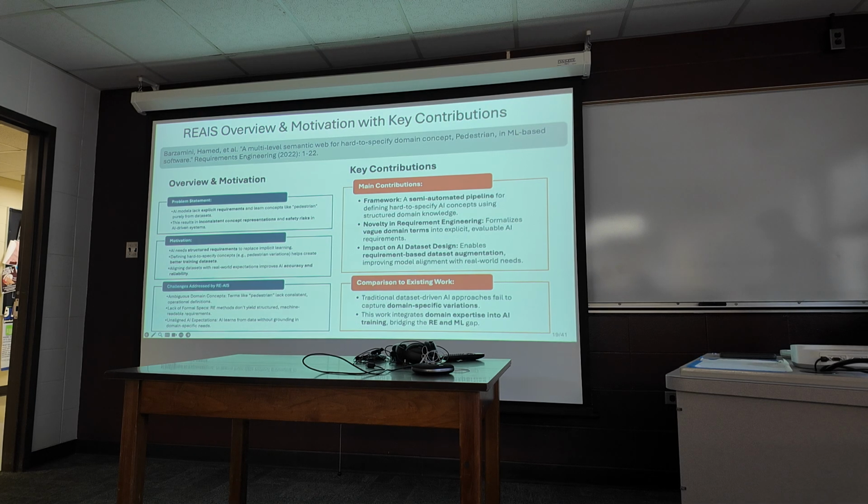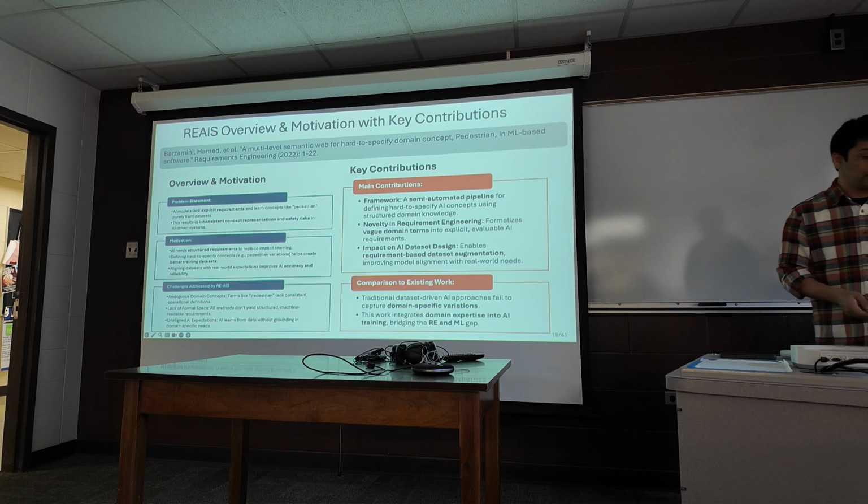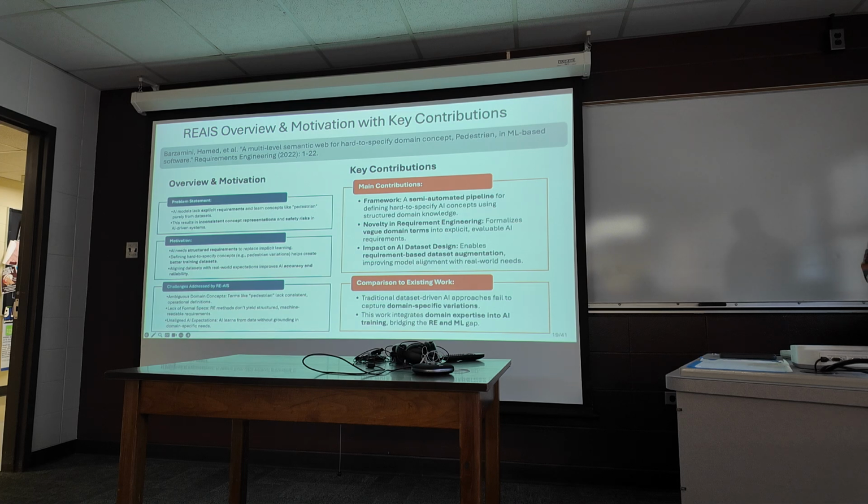So REIS is not concerned with model training. It's focused on specification design. It transforms noisy domain insight into formal machine-readable semantics that outline the concept variants like children, elderly individuals, or people in wheelchairs. So this semantic web is meant to guide how we judge dataset coverage and clarify what requirements should mean for ML-based systems.